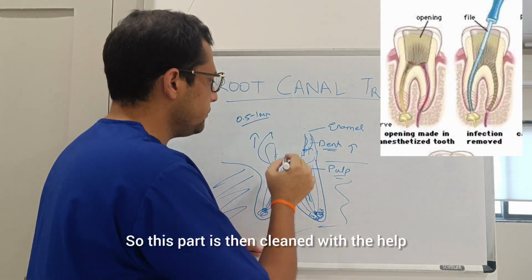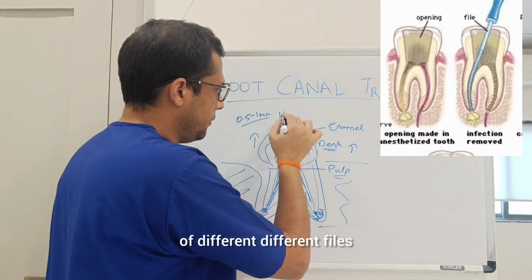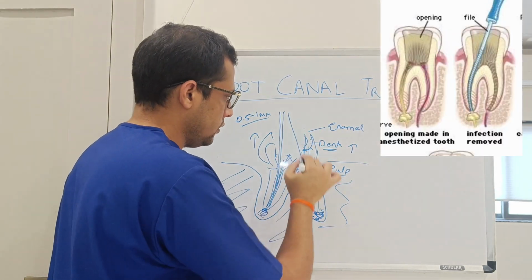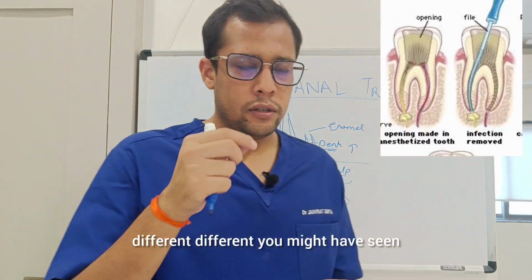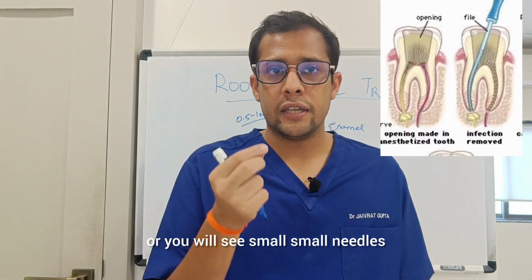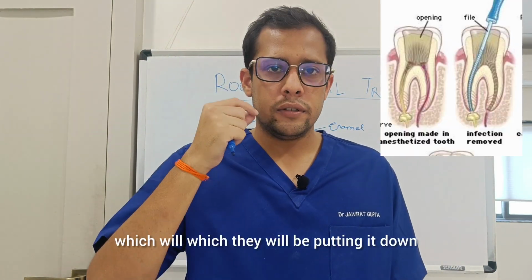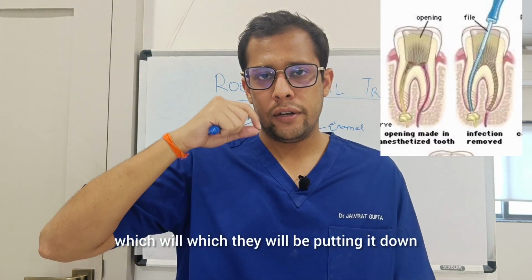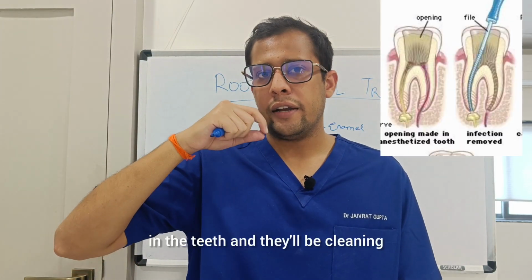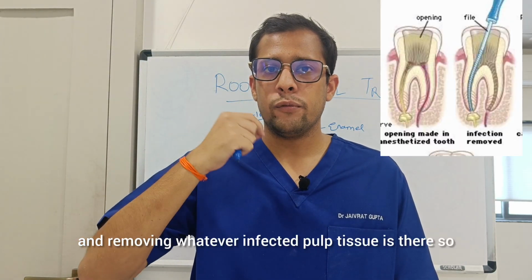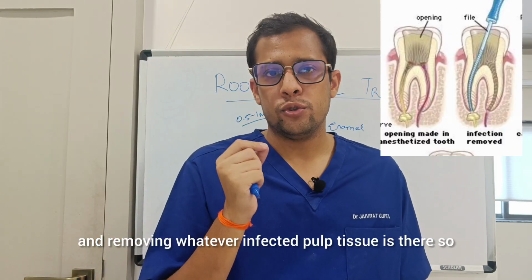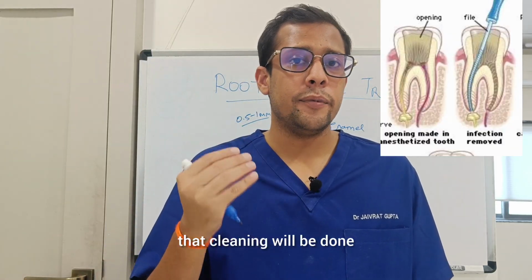This part is then cleaned with the help of different files. You might have seen, or you will see, small needles which they put down in the teeth, cleaning and removing whatever infected pulp tissue is there. So that cleaning will be done.